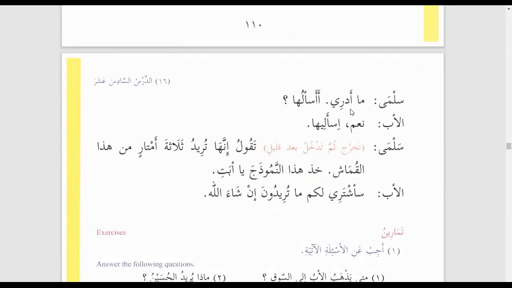Salma, ma adri, I don't know. As'aluha, should I ask her? As'alu, sa'ala yas'alu, as'alu, I ask. As'aluha, should I ask her? And ha refers to the mother, right? Yes. Al-ab, na'am. Is'aliha, yes, ask her. Now you have to tell me the difference, and inshallah, I'm sure you will be able to tell me why here it is as'aluha and here it is is'aliha.